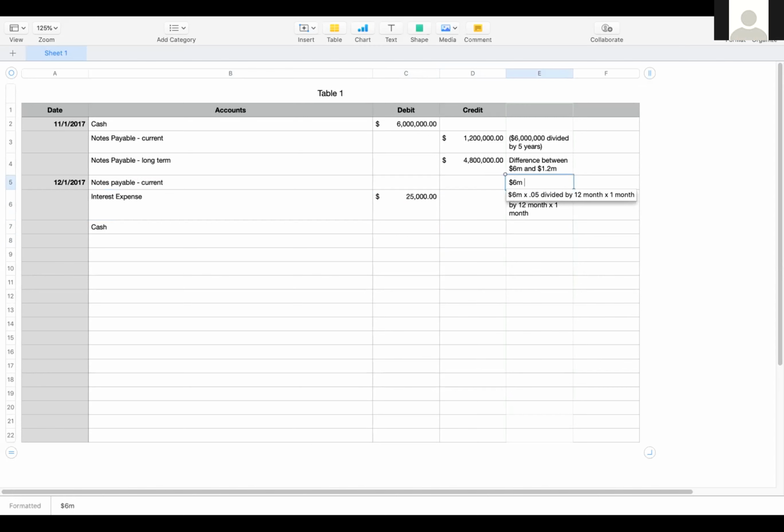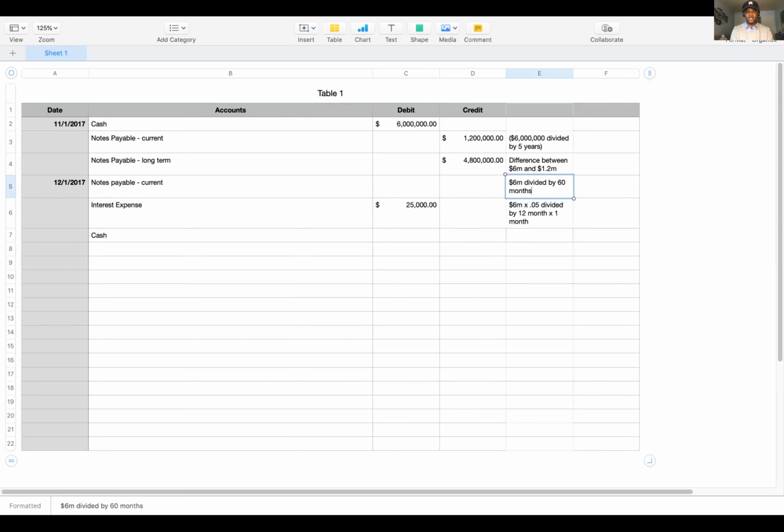Exactly. Take the 6 million and you divide it by 60 months, right? Because we're paying on it every month. 5 years, 5 times 12, 60.